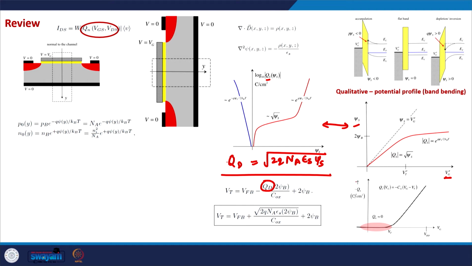So, this is a qualitative picture of the relationship between Qn, which is the mobile charge in the MOSFET, which is the charge due to the electrons in the inversion layer.